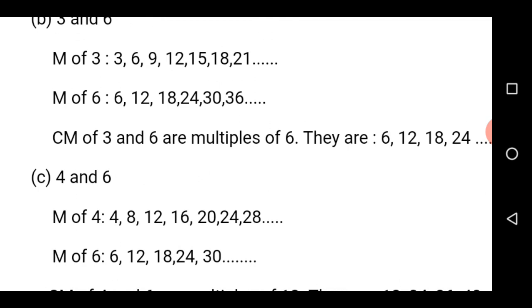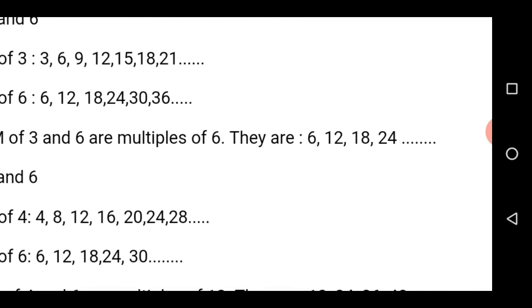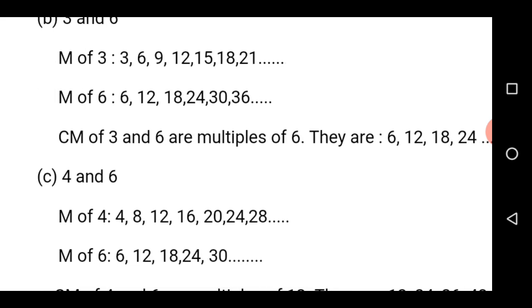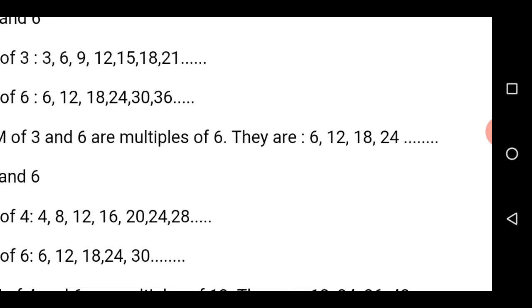So common multiples of 3 and 6 are multiples of 6. What are the multiples of 6 now? 6 times 1, 6. 6 times 2, 12. 6 times 3, 18. 6 times 4, 24. It means the common multiples of 3 and 6 are 6, 12, 18, 24. So we can still have more common multiples.